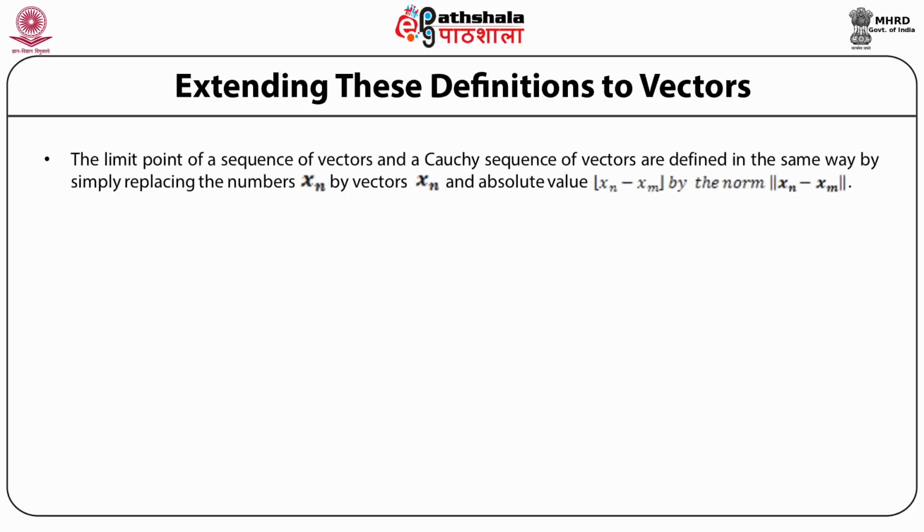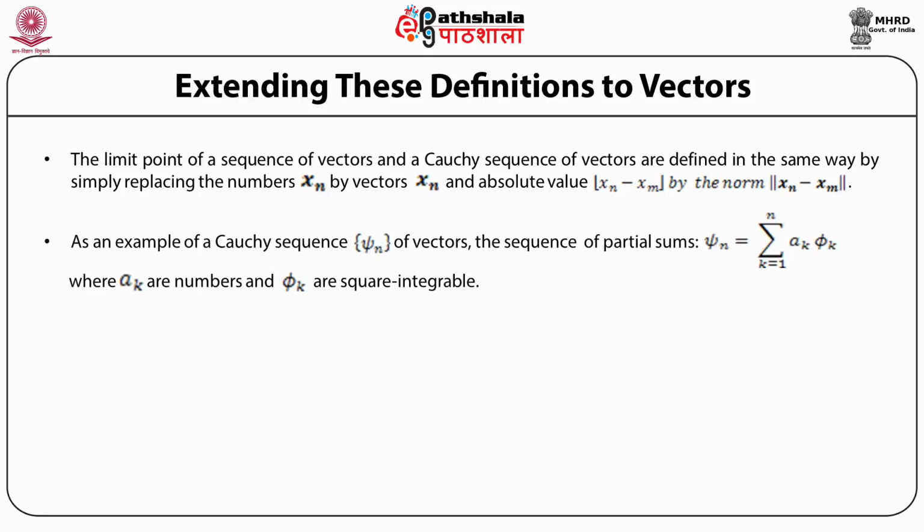So the limit point of a sequence of vectors and a Cauchy sequence of vectors are defined in the same way by simply replacing the numbers xn by the vectors xn, and the absolute value of xn minus xm is then replaced by the norm of the vector xn minus the vector xm. As an example of the Cauchy sequence, let us consider a sequence of vectors psi n.